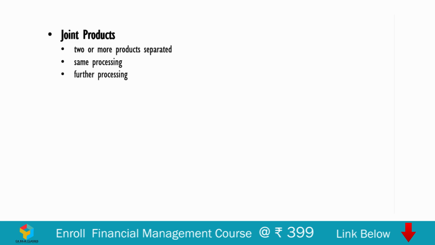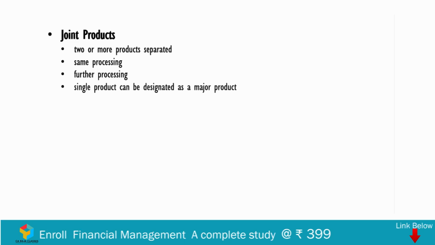So I repeat, joint product represents two or more products separated in the course of same processing operation, usually requiring further processing, and each product being in such proportion that no single product can be designated as a major product. Okay, so in joint products you are going to have two or more products and you cannot say which product is the major product or main product.